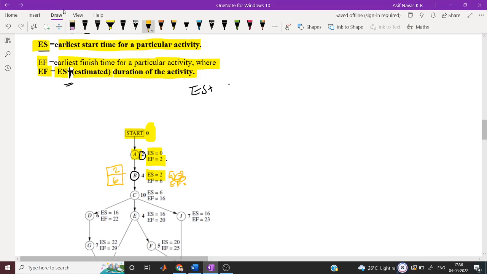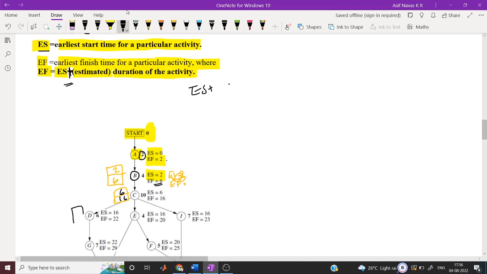Similarly here ES is 6, the EF of the preceding, and EF is 6 plus 10, 16.